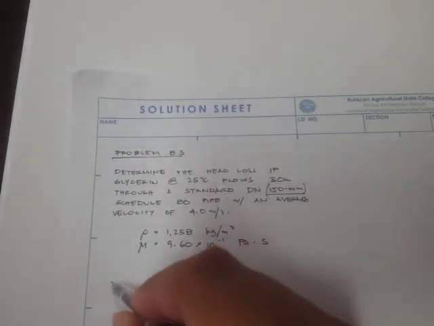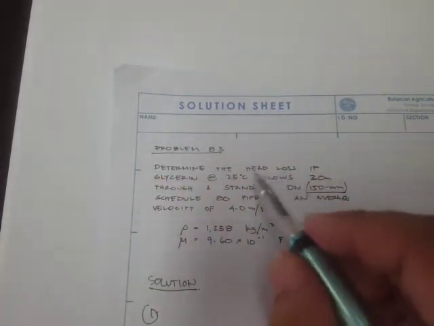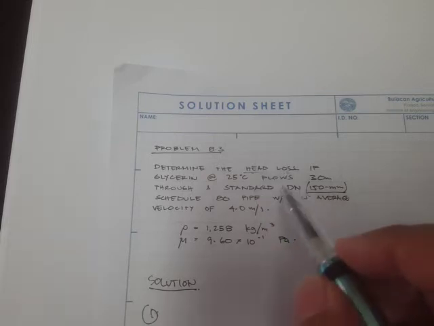Okay, so now the first step for the solution: if we have these kinds of problems to solve for the head loss, and of course if that's head loss, then that means we're going to solve that using the Darcy-Weisbach equation.